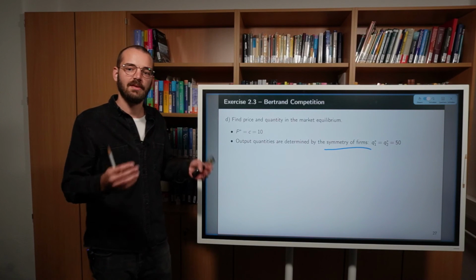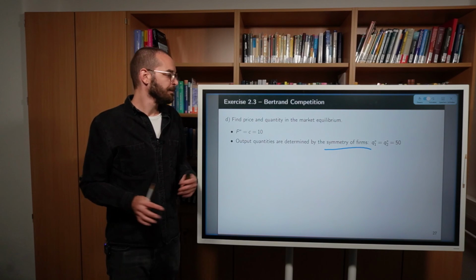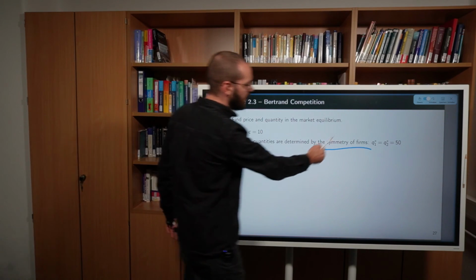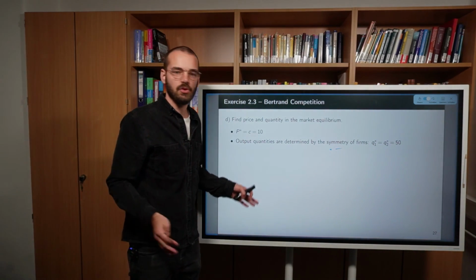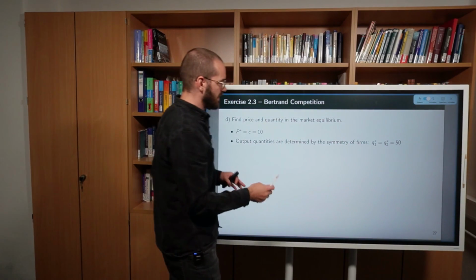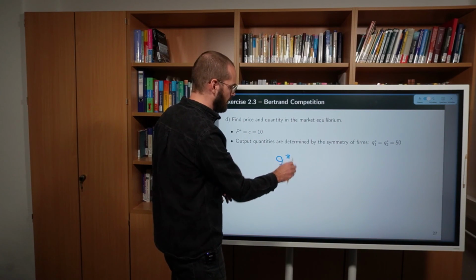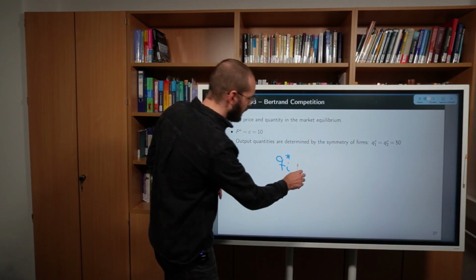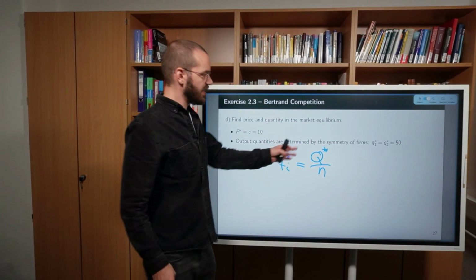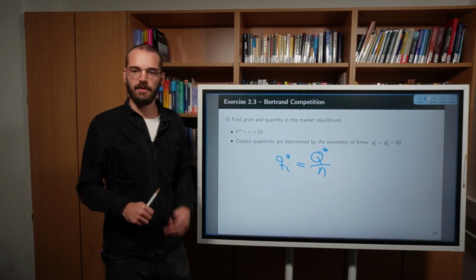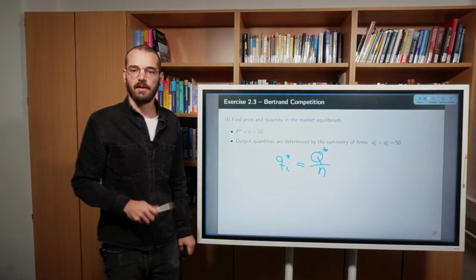All right, so we have symmetric firms, symmetric cost functions, etc. Firms are equal on paper. Well, then it's feasible to assume that they will share the market demand in equal parts too. So in this simple model, the individual firm's market equilibrium quantity will be the total market equilibrium quantity divided by n. And in this specific case with two firms, of course, Q1 star equals Q2 star equals 50.